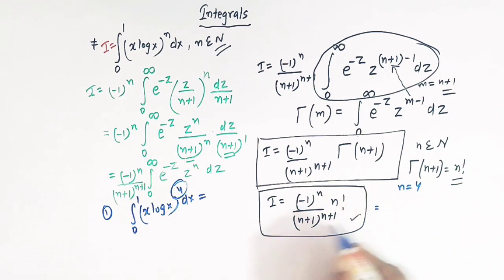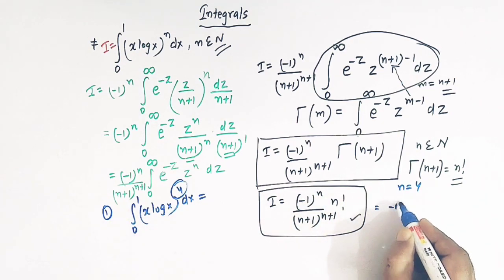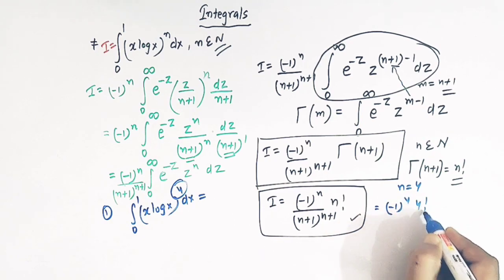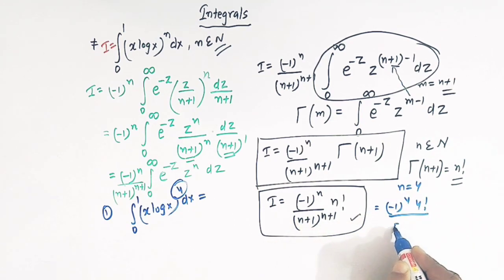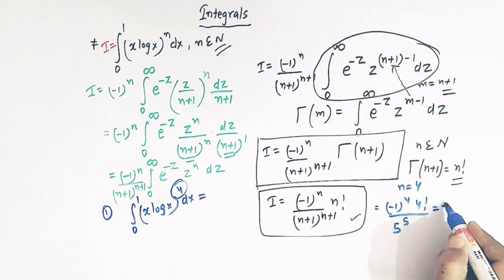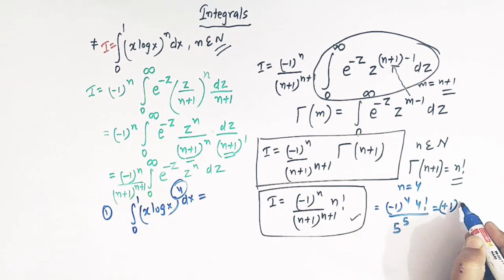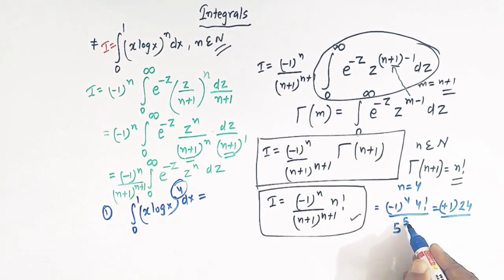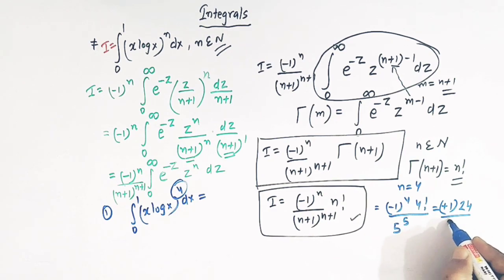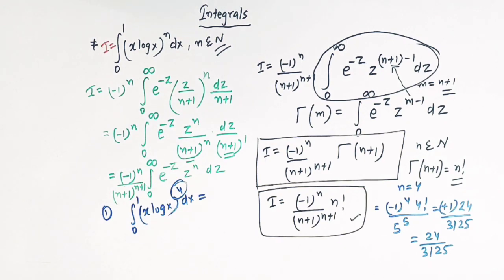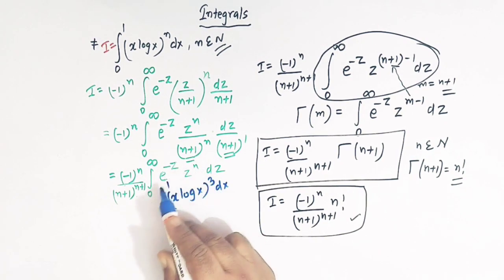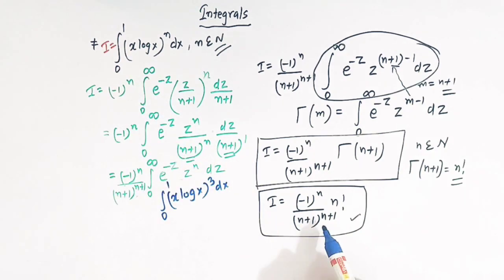We have minus 1 raised to 4, 4 factorial, here we have 4 plus 1, 5, and 5 raised to 5, and minus 1 raised to 4 is plus 1. 4 factorial is 24 and 5 raised to 5 is 3125. So the value of this integral is 24 divided by 3125.